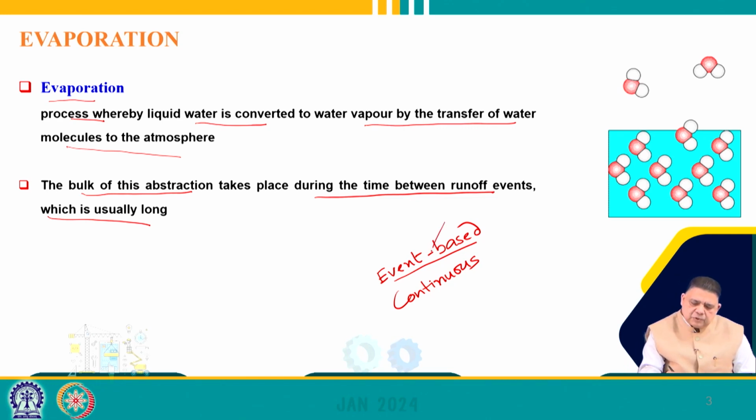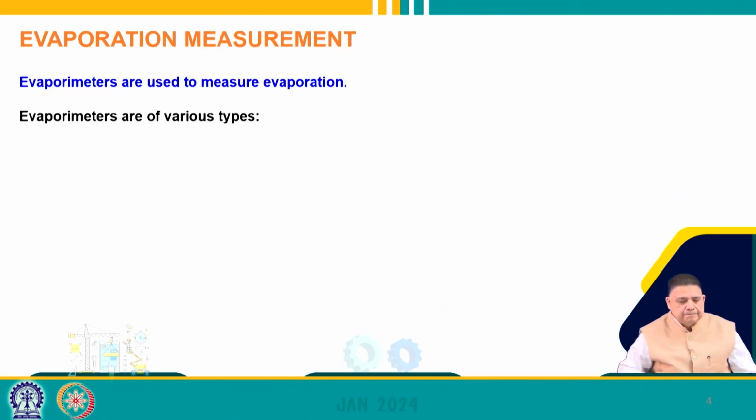That is why most event based models do not consider evaporation as a component. But continuous models, which run for a long period of time, do consider evaporation and evapotranspiration, because the bulk of this abstraction takes place between the rainfall runoff events. So, that is where it becomes very important.